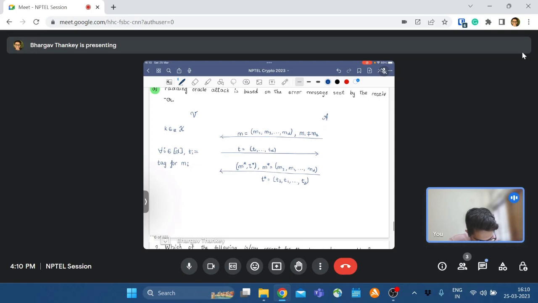Now clearly, since the blocks M1 and M2 are different, M star is not the same as M, right?